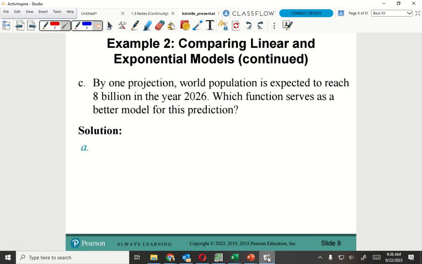It's way over 8 billion. So the exponential model didn't work because it's way over 8 billion. The linear model gave me 7.9, right? So linear would be more accurate for this.